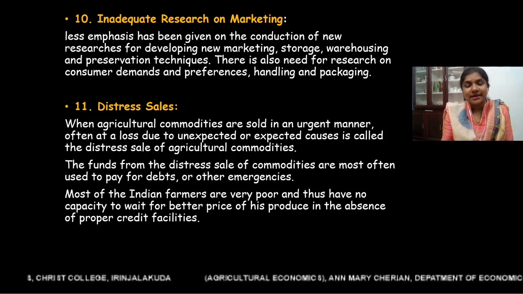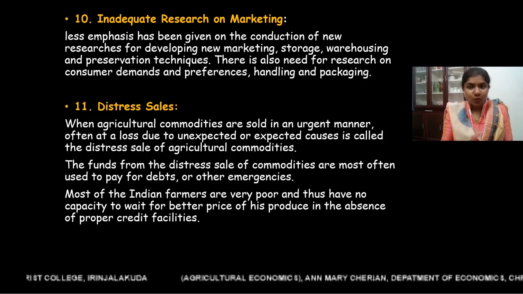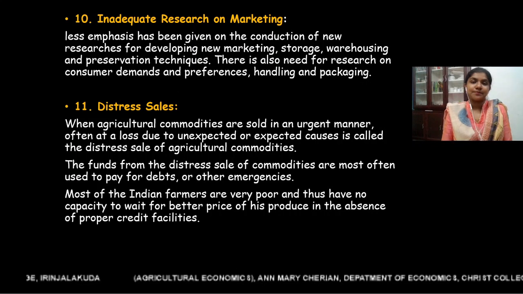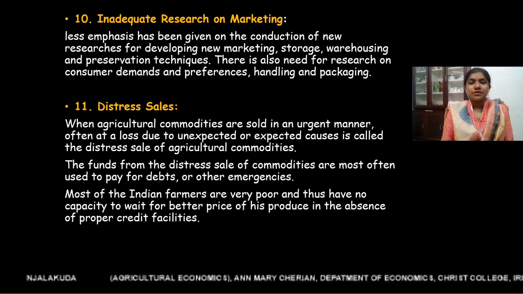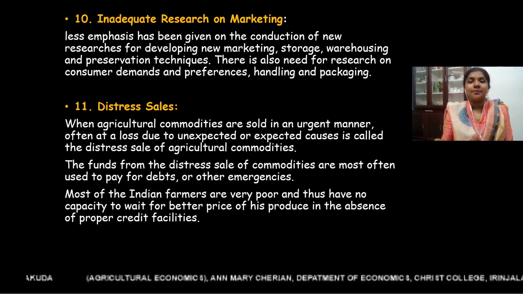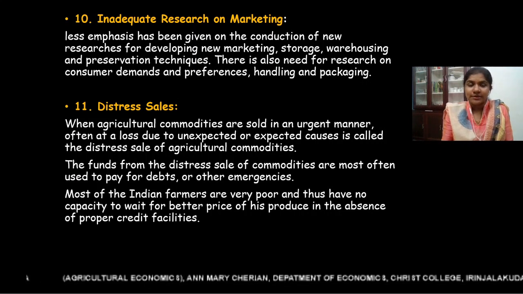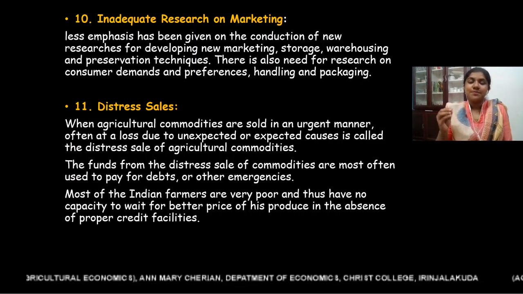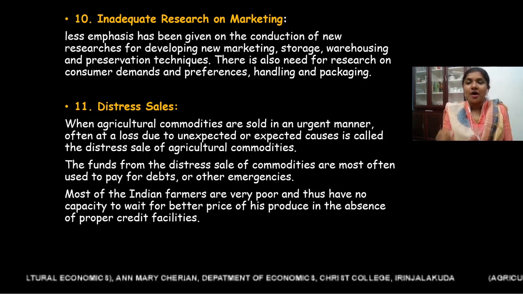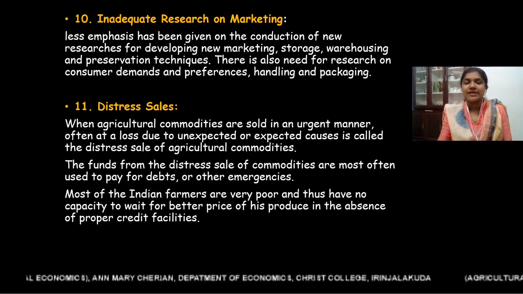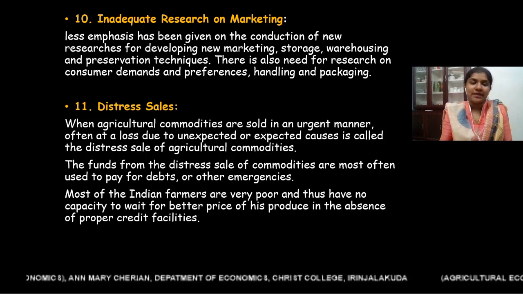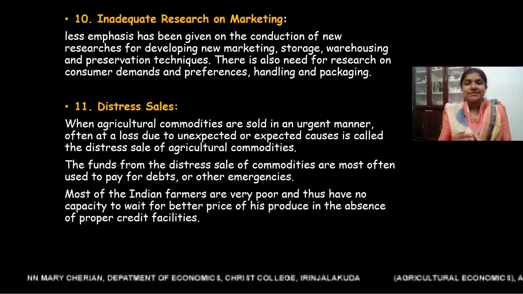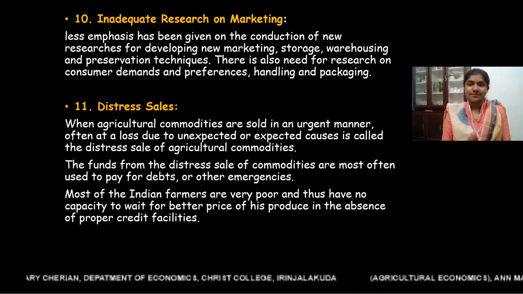They usually sell their product at the point of origin to money lenders or to traders. So this is usually done by very poor farmers to clear their debts. So the main point is that the farmer has to sell his produce at the wrong time, wrong place, and at unfavorable prices. As a result, his revenue falls.